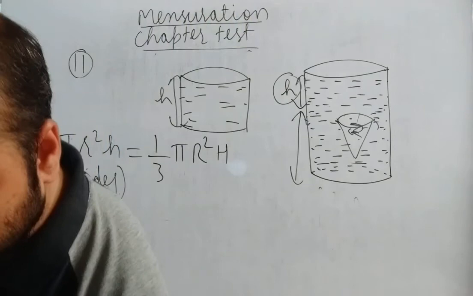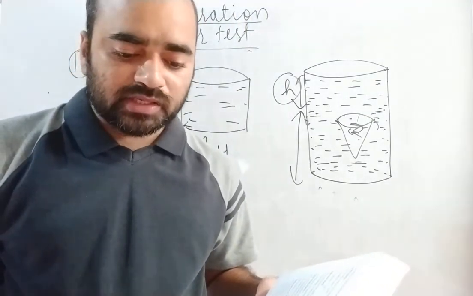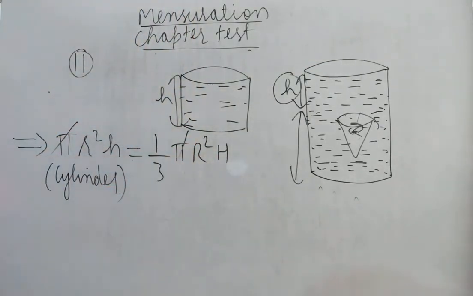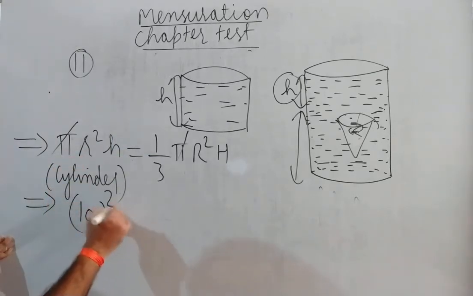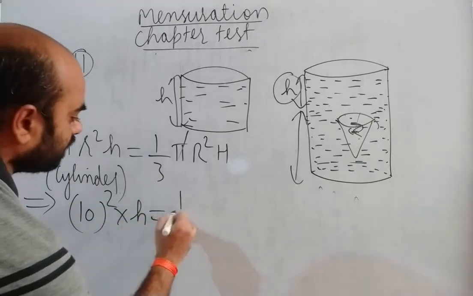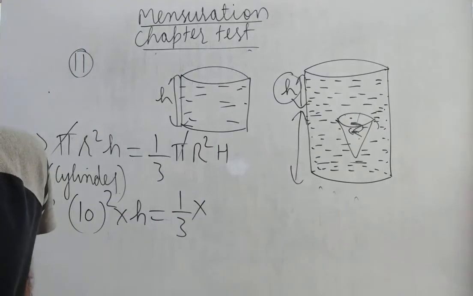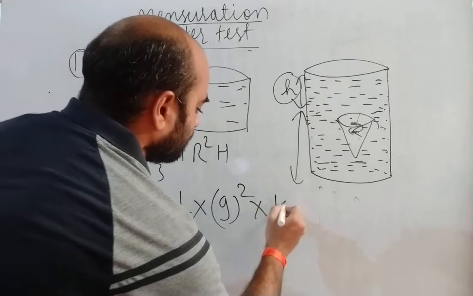For the cylindrical jar, the radius is 10 centimeter. Now pi and pi cancelled, correct? So for the cylinder the radius is 10 centimeter. It means 10 square into h, equals 1/3. For the cone, radius is 9 and height is 10.